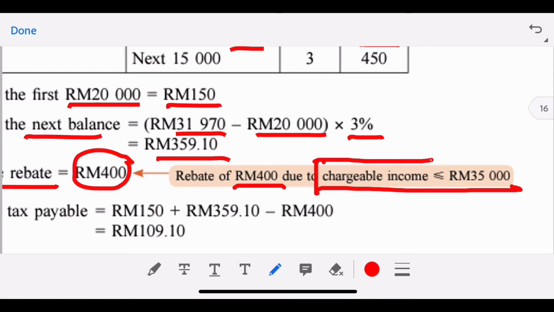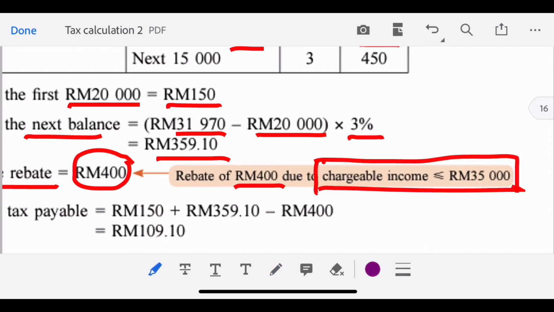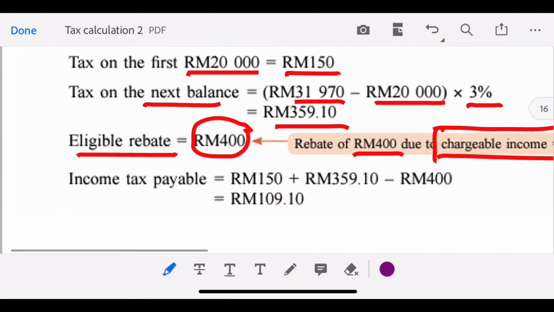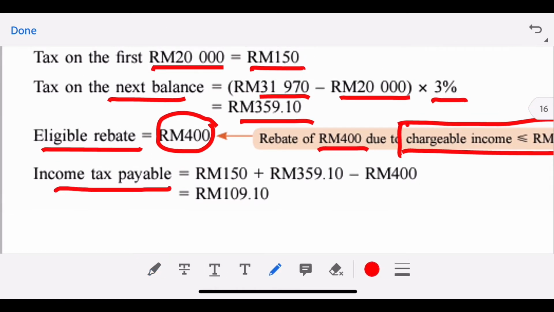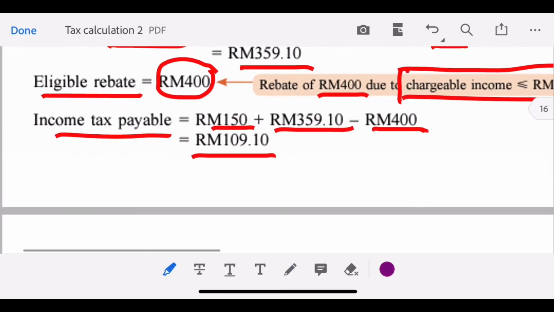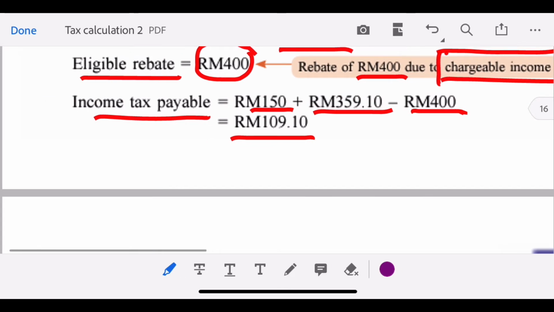If chargeable income is less than 35,000, he is eligible for a rebate of 400. So income tax payable is 150 plus 359.10 minus 400. So the income tax payable by Mr. Chan is 109 ringgit and 10 cents.